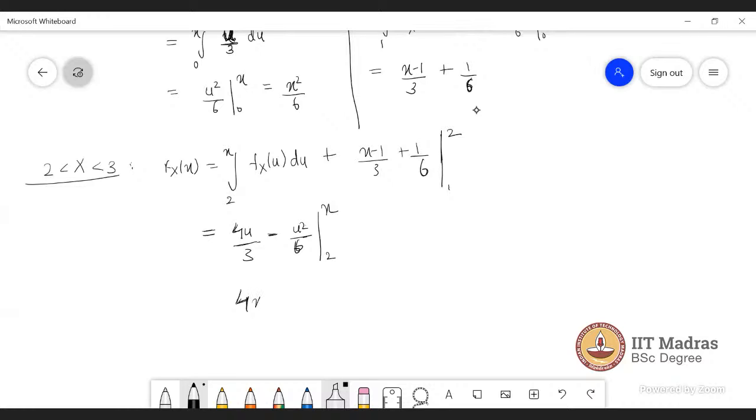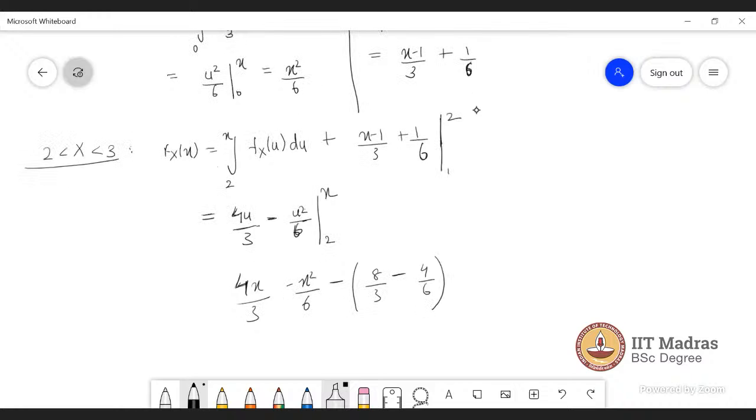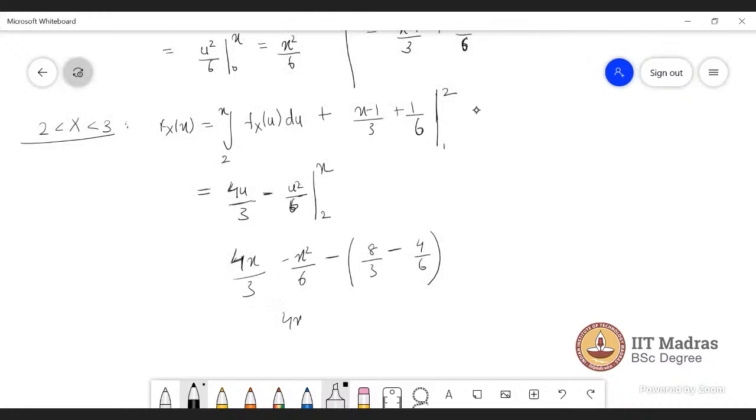So if you solve this, you will get 4x by 3 minus x square by 6 minus 8 by 3 minus 4 by 6. So this is 4x by 3 minus x square by 6 minus, let's say, 18 by 6 plus 4 by 6, that we can write as minus 12 by 6.